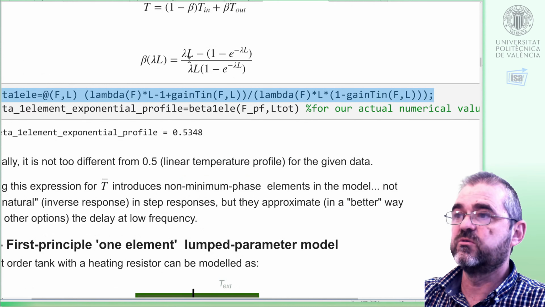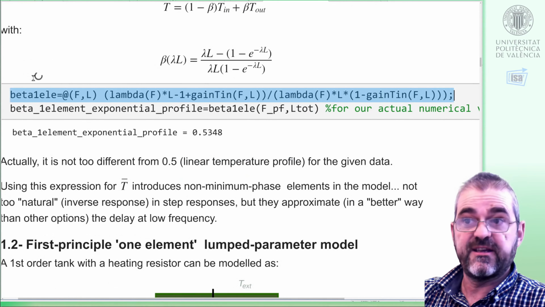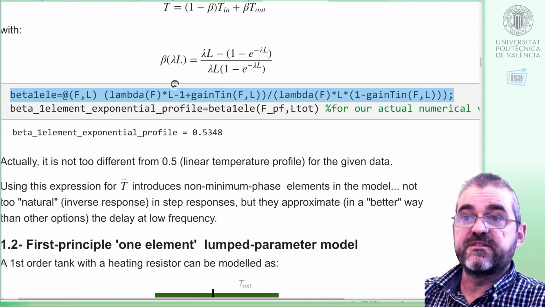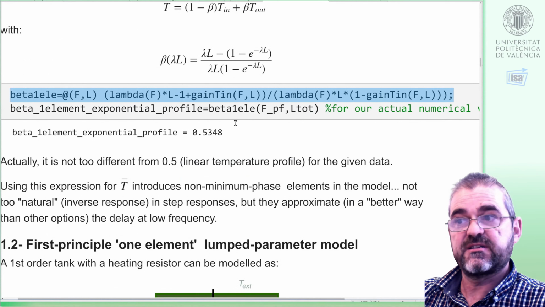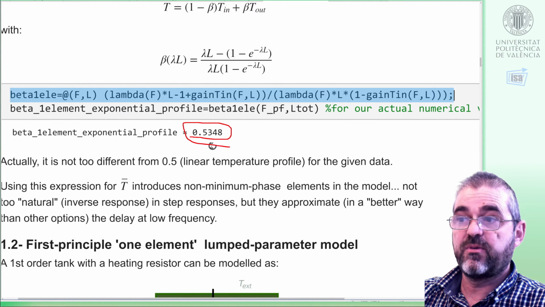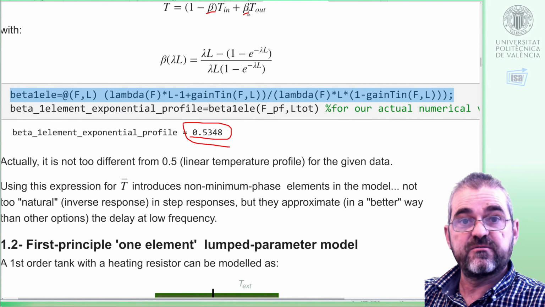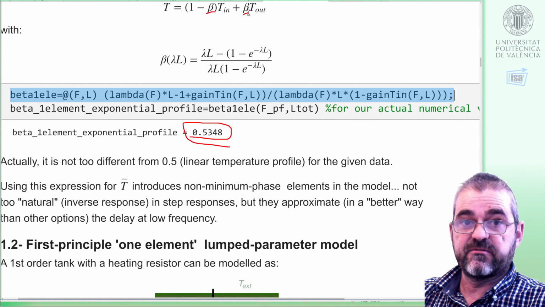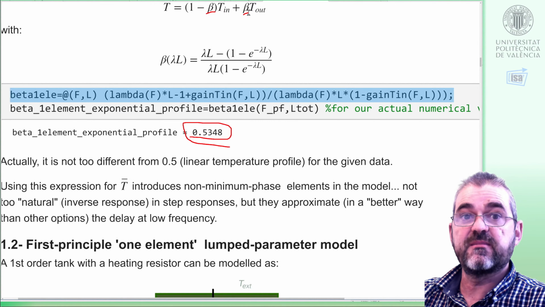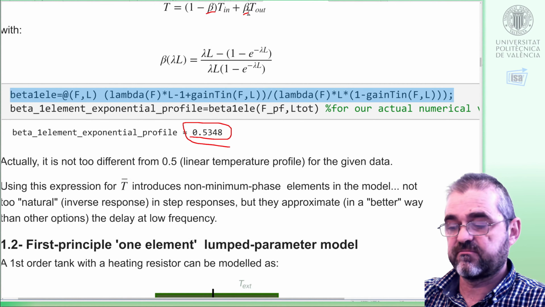So we encode that expression for later use, and in fact, for instance, in our actual heat exchanger, that beta is 0.535. So if we plug that beta in our first-order energy balances, our resulting DC gain will be the same as the stationary model from the partial differential equation.